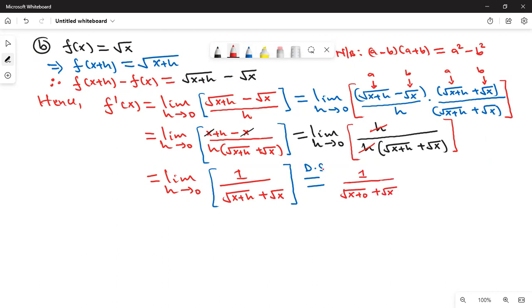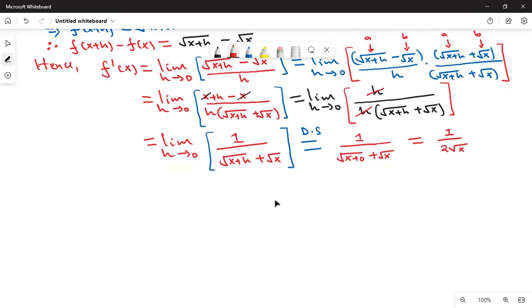It is only h that is approaching 0, so we substitute the value of h, not x. Don't confuse the two. So this is the same as writing 1 over 2 root x. And so that is our derivative of that function. f of x is root x, so f prime of x is 1 over 2 root x.